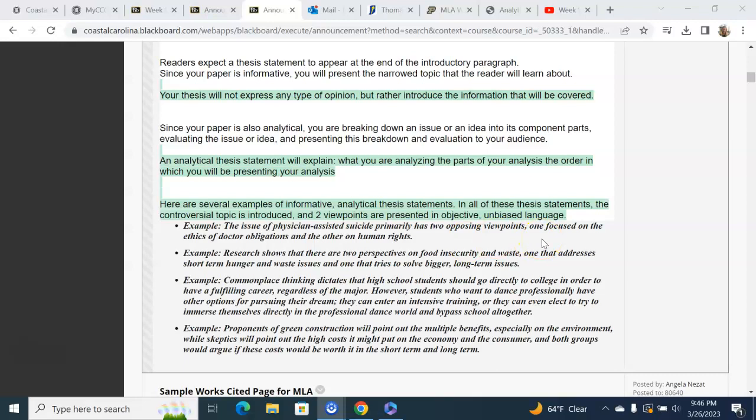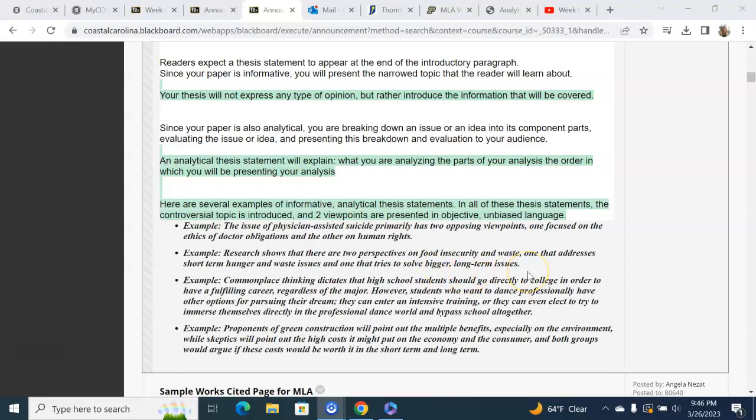This particular student breaks this issue down to doctor obligations and patient rights, allowing you, the writer, to objectively present 2 actual viewpoints that could be argued. That's sometimes a difficult thing to do, and that's what I want to see you do this week: really try to come up with your 2 perspectives.